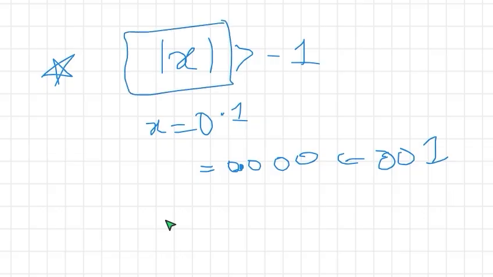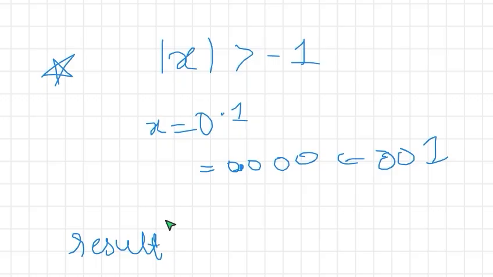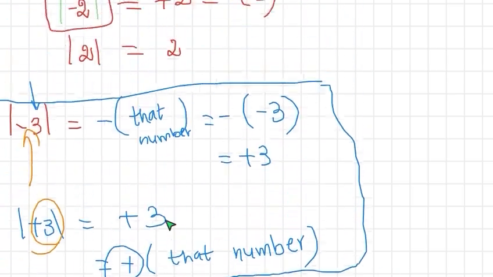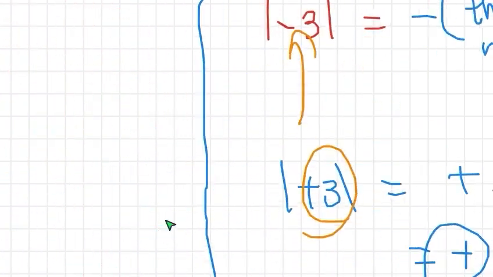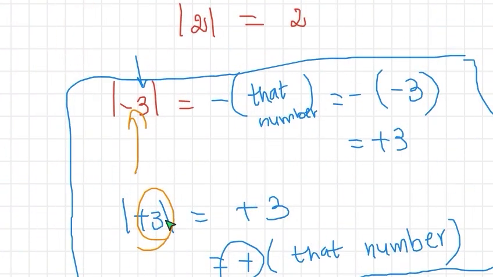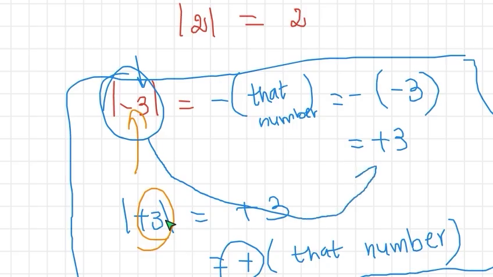So basically, if you think about it, the absolute value of x opens up and the result is always a positive number. Whatever you put inside, even if you put a positive number, the result is positive.